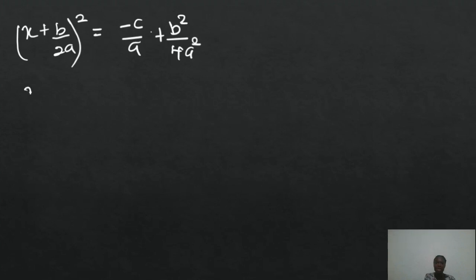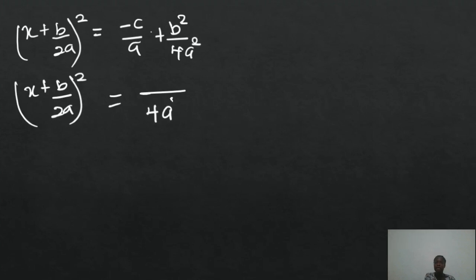So we are going to get x plus b over 2a squared, and the LCM here is going to be 4a squared. Now a going into 4a squared gives 4a. So 4a times negative c is going to give us negative 4ac. Then 4a squared going into 4a squared is 1. 1 times b squared is going to give us what? b squared. So this is what we are getting now.